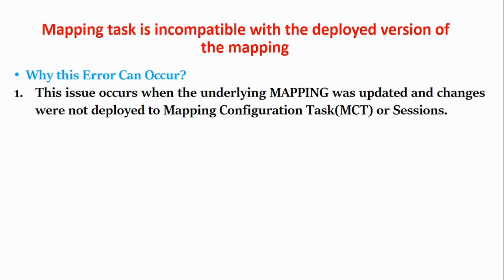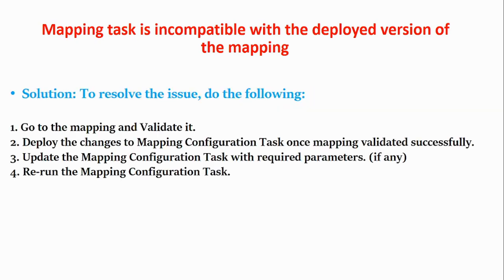So what can be the possible solution? These are the steps I have mentioned. First, go to your mapping and validate the mapping properly. Then deploy the changes to the mapping configuration task once the mapping is validated successfully, which means reselecting your mapping in your session. If you have added parameters in the mapping, give the values of those parameters properly while reselecting the mapping in the session.